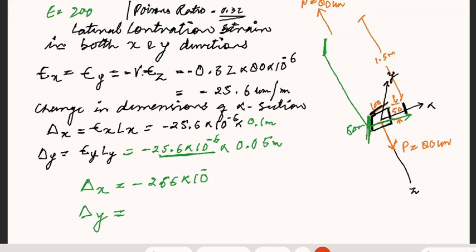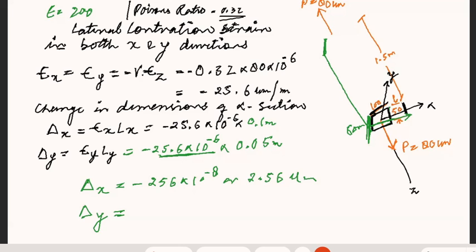Check it again. 256 into 10 raised to the power of minus 8. Yes, that's true. 256 into 10 raised to the power of minus 8. Or you can write it as 2.56 micrometer.